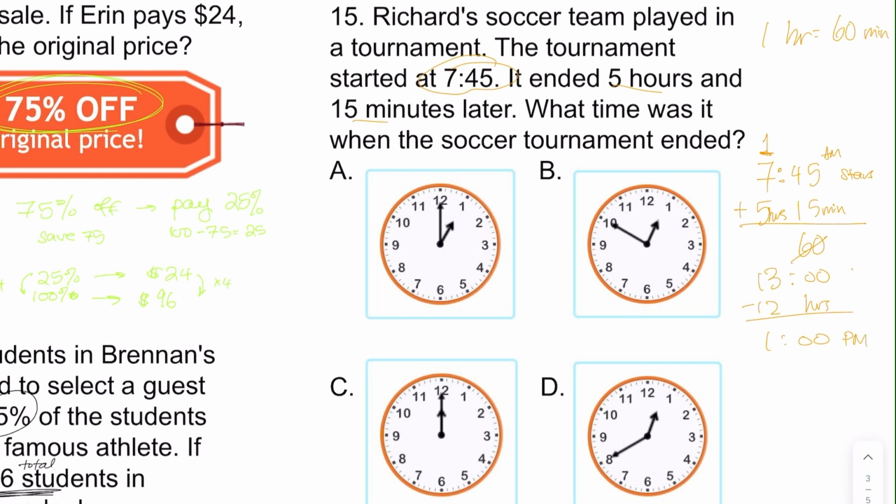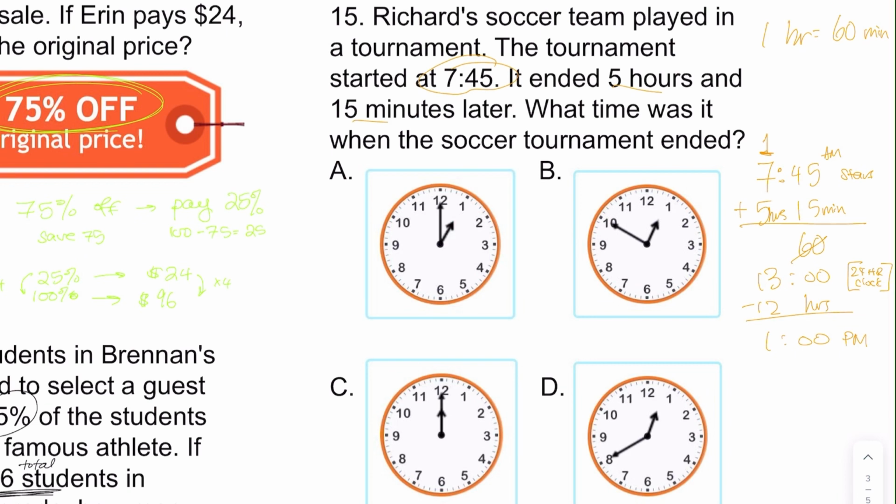So this is using that 24-hour clock that like the military uses, for example. So you don't have AM or PM for that. You'll just have 0 to 24. But to turn into an analog clock, you want 1 PM. So that means you want the hour hand at 1.